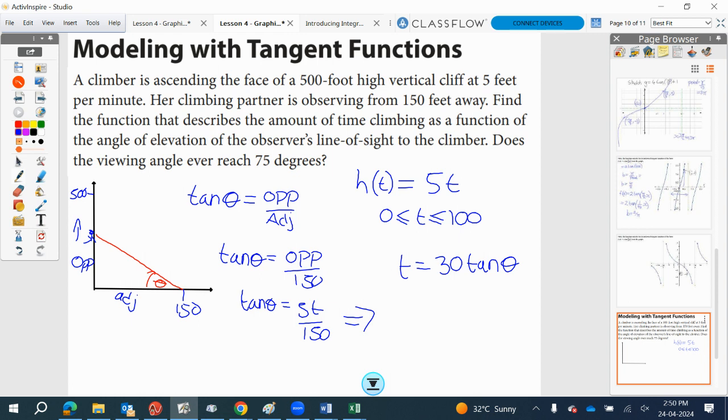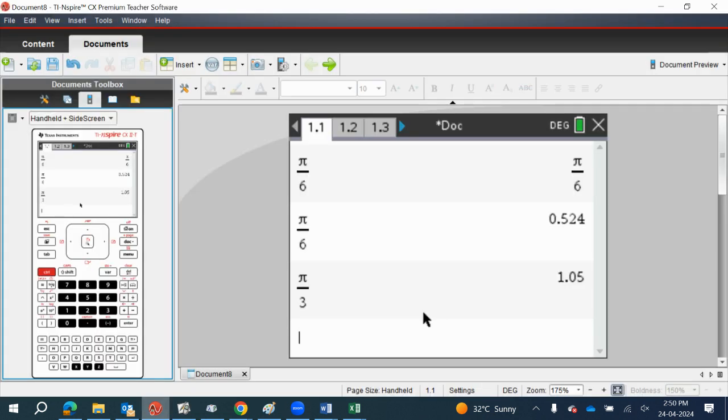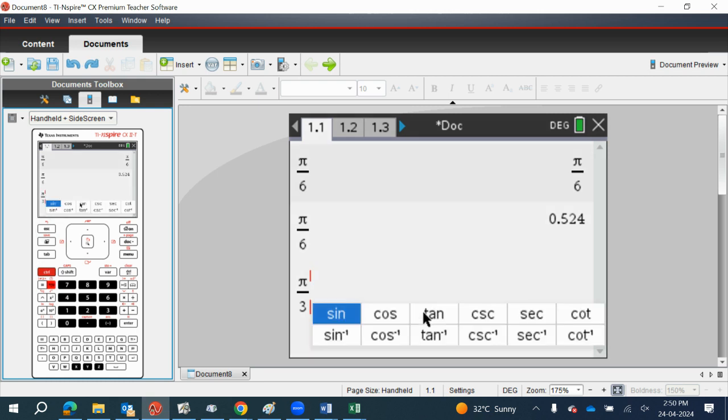So in order to find the domain, theta is going to start off at 0, and it's going to go up to a maximum when the height is 500. So if the height is 500, the opposite is 500. We can find this on the calculator. We need to do, not that one, trigonometry.